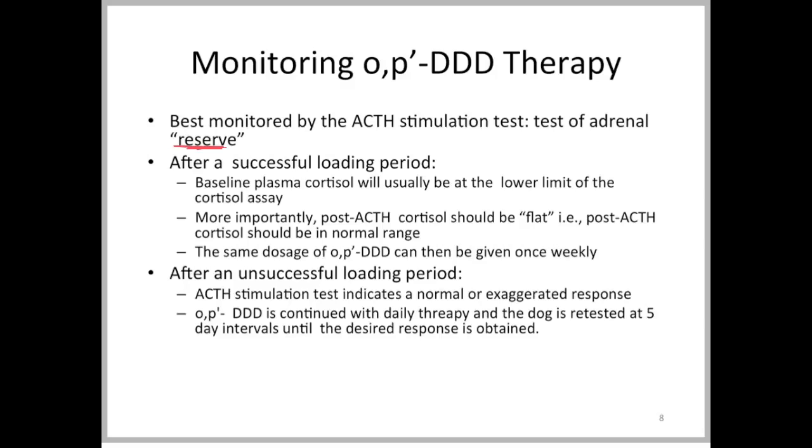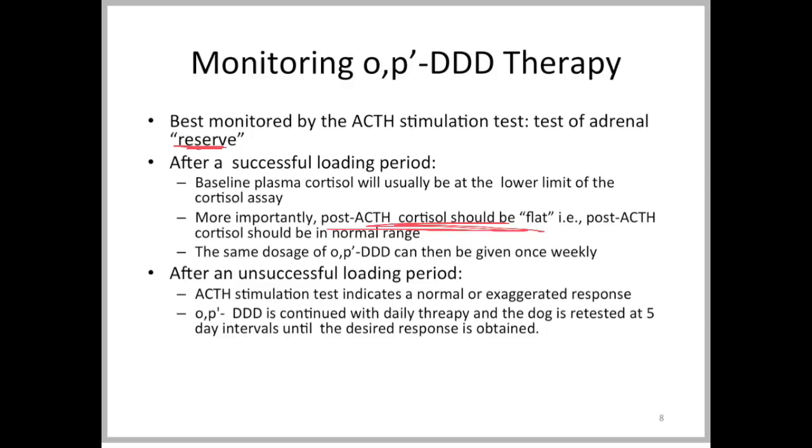It's okay if it's normal range, but most importantly the post-ACTH cortisol should be flat, should not show much response at all, because if it shows any response, it suggests that those are cells that are the resistant cells.